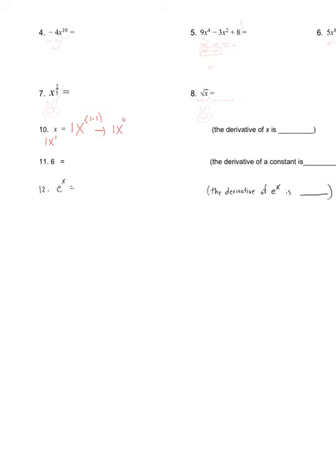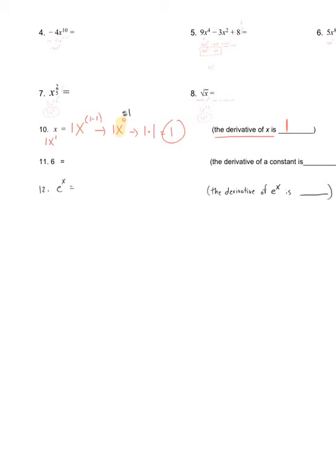Remember, you guys, x to the 0 is equal to 1. So that gives us 1 times 1, which is 1. So the derivative of x is equal to 1. That one you just want to know. The derivative of x is 1.